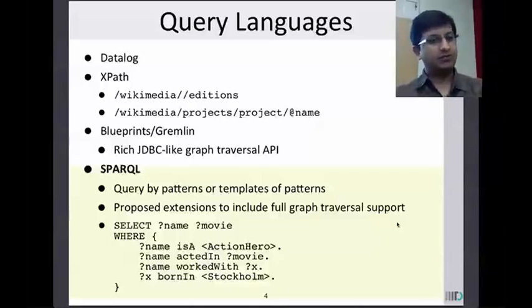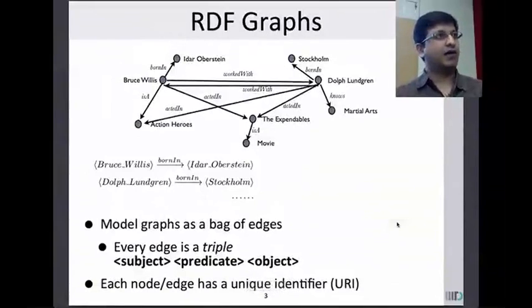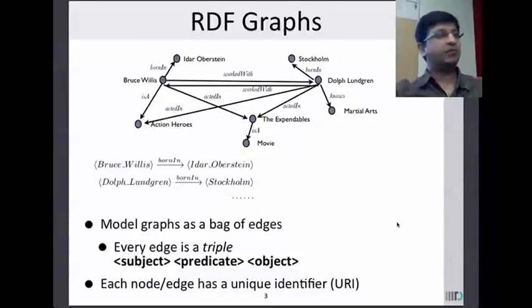In fact, as we will see in a couple of slides, one extreme way, which you might already have seen in this example RDF graph, is the triple part. So I have Bruce Willis born in Idar-Oberstein, and the edge can be my table, just a triple pattern table.